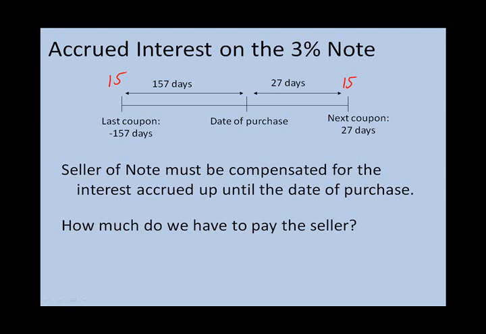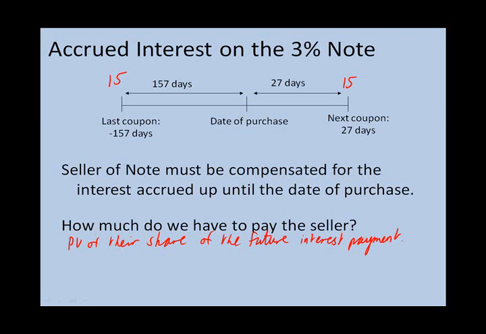Well, we've got to pay them the present value of their share of the interest payment. Well, what's their share? They've held the bond for the last 157 days, and we're only going to hold it for 27 days, and then we're going to receive the coupon.